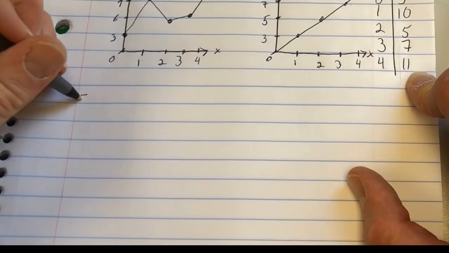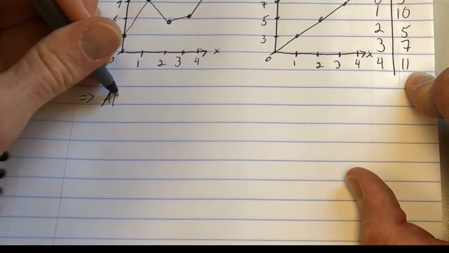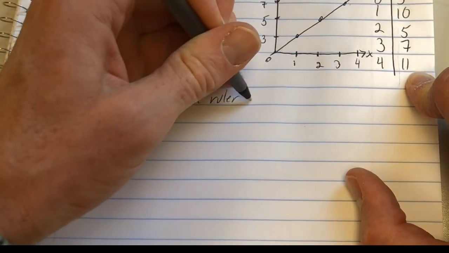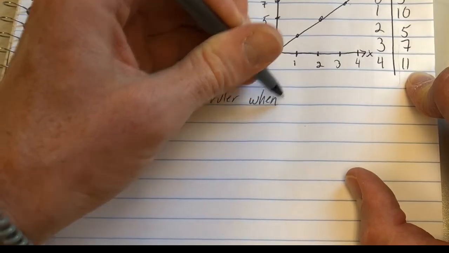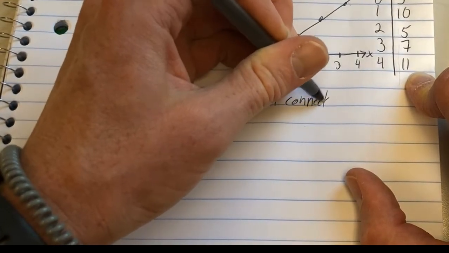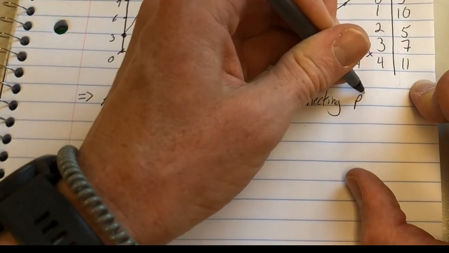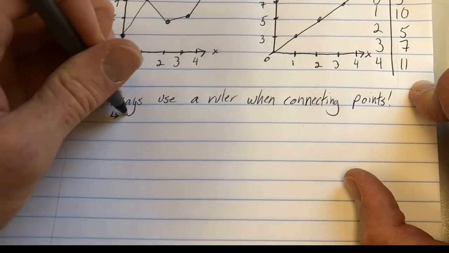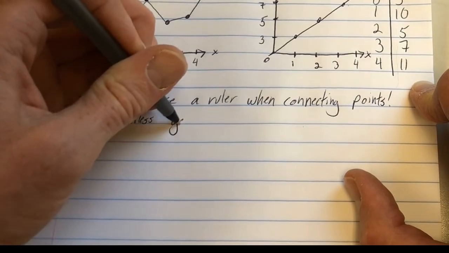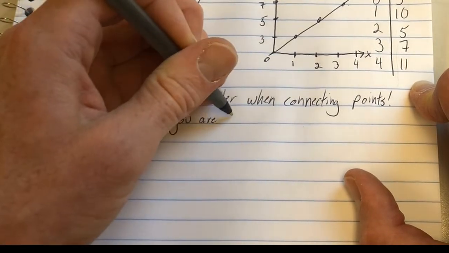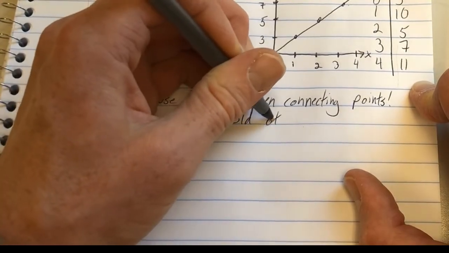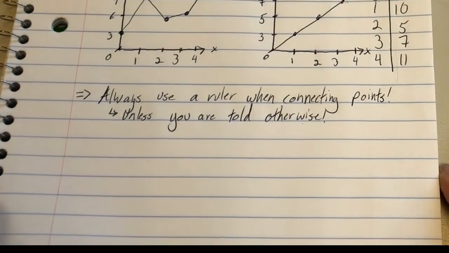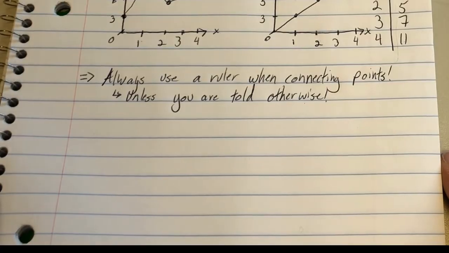And that's actually going to be our next point: always use a ruler when connecting points, unless you are told otherwise, because sometimes you might have to do a line of best fit or a curved line.